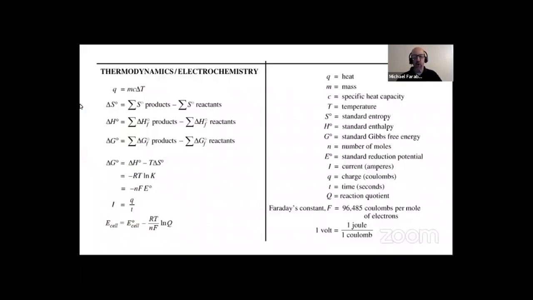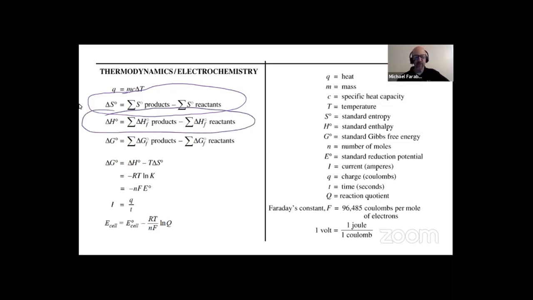Now, where on your equation sheet do you find entropy? Well, again, this is our formula for calculating delta S. If you know the entropy of the products and the reactants, you may recall that we've already done work with this equation in Unit 6, talking about thermodynamics and thermochemistry.